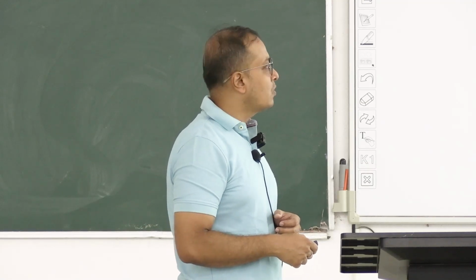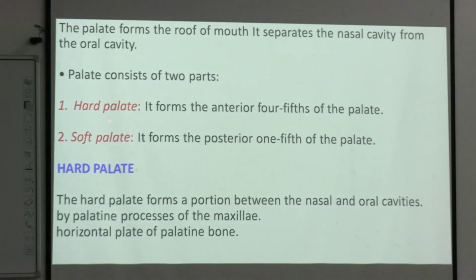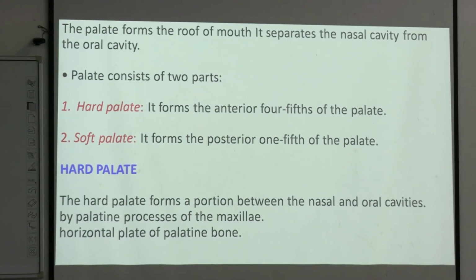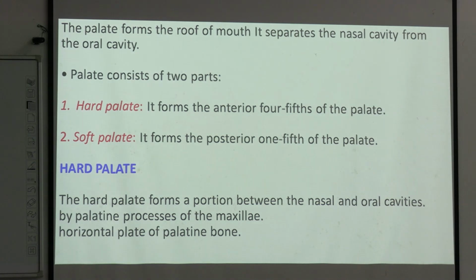For the hard palate, we just talked about the embryological aspects, like primary palate, secondary or definitive palate. The soft palate hangs like a curtain from the front palate, and we will talk about it in more detail than the hard palate.